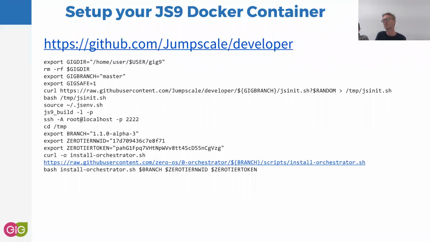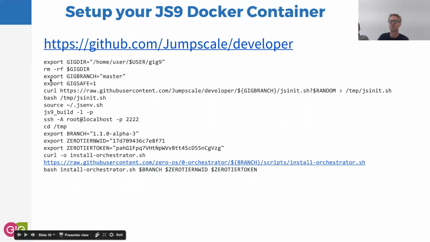If you do it on Windows, fine. Just make sure that you have the Linux subsystem working, and then you can typically follow the documentation in the URL you see over there. I'm including here the steps I did on my machine to install the JumpScale 9 environment I have been using during my demo. You will be reusing this quite often, so it's quite important.